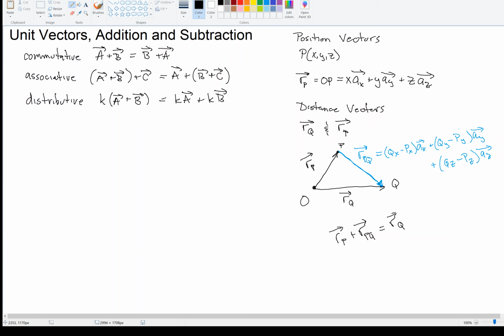Start at the origin, move along RP, then tip to tail, RPQ, that gives me exactly the tip of RQ. So if I wanted the distance vector RPQ, this is RQ minus RP, right? And that's exactly what we did here. We talked about subtraction, how the components subtract, so we took the x component of Q minus the x component of P, y component, z component.